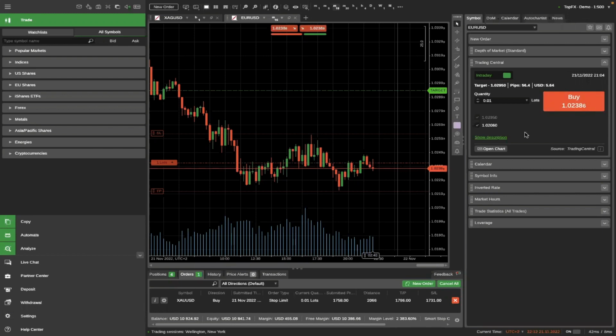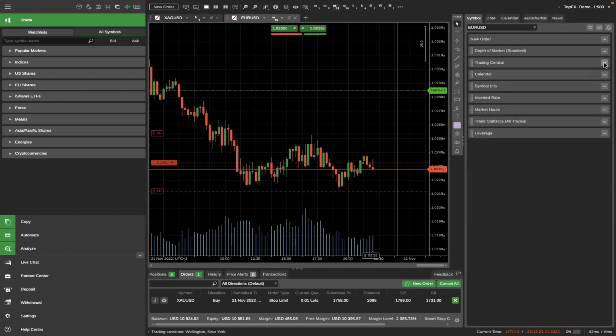However, it's always good to do your own research, to do your own analysis. Nevertheless, if you are using the Trading Central or not, of course, it's up to you if you want to resign completely from using your own research and analysis and rely only on Trading Central or Autochartist, because as you can see, those cool features of the cTrader provide plenty of trading opportunities for all kinds of traders, as I said many times, scalpers, intraday traders, long-term traders.